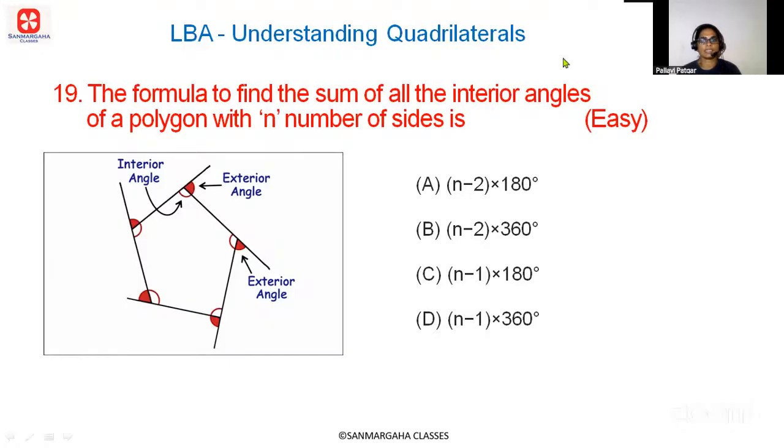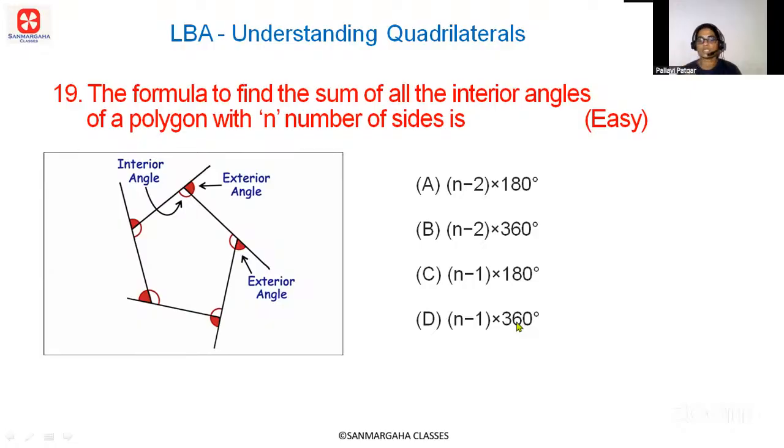Understanding quadrilaterals. In this chapter, look at the question number 19. The formula to find the sum of all the interior angles of a polygon with n number of sides is option A n minus 2 into 180 degree, B n minus 2 into 360 degree, C n minus 1 into 180 degree, D n minus 1 into 360 degree.